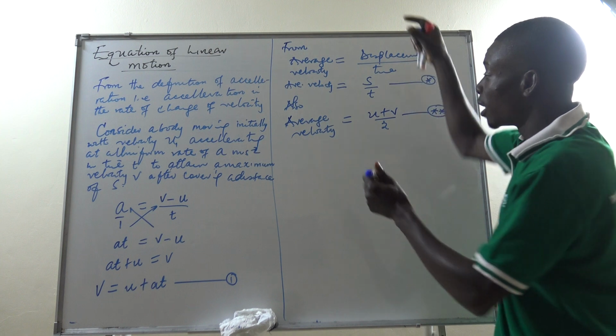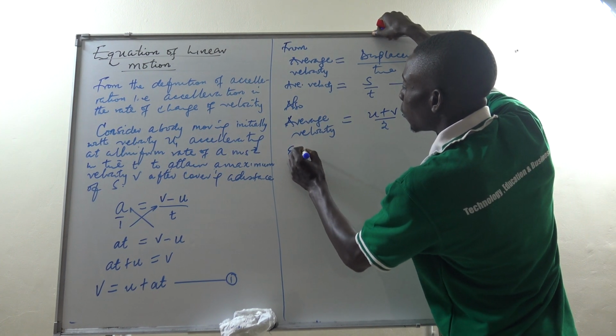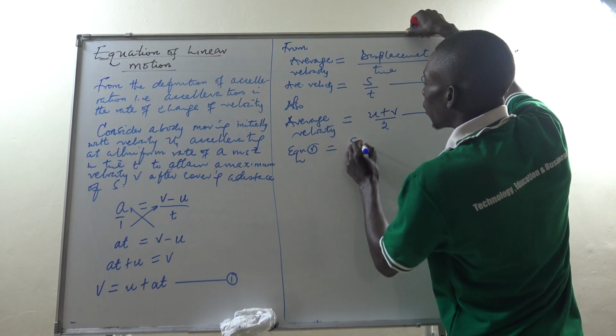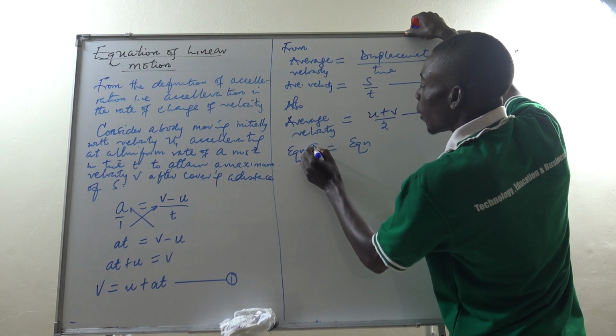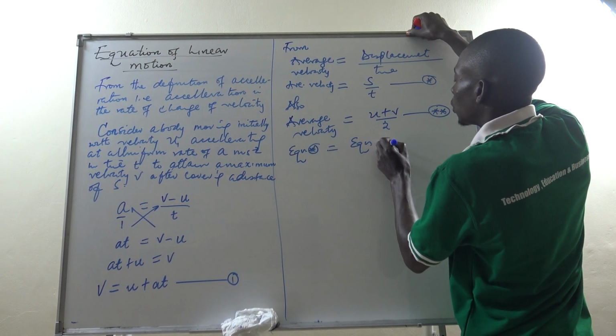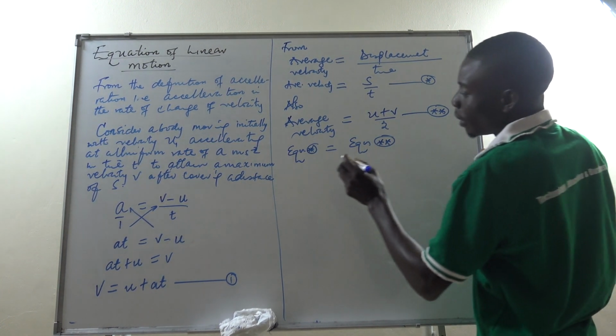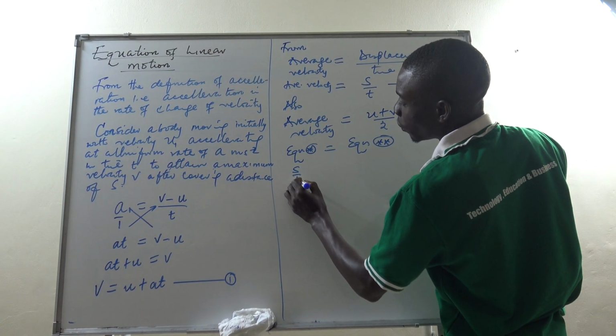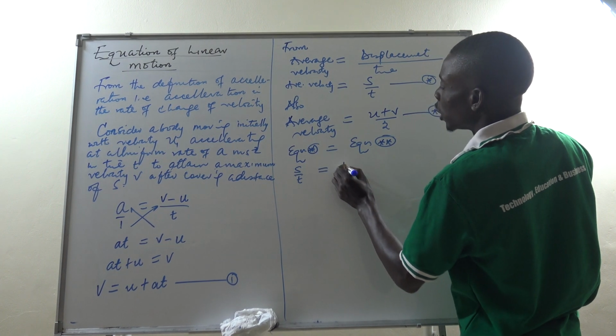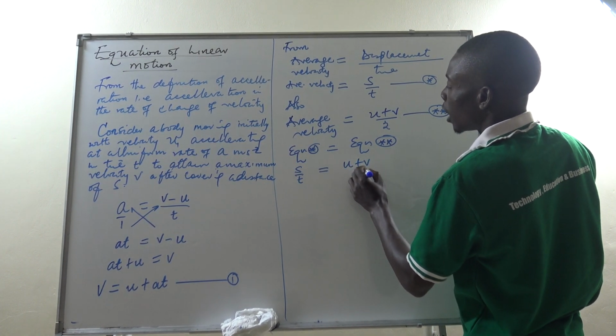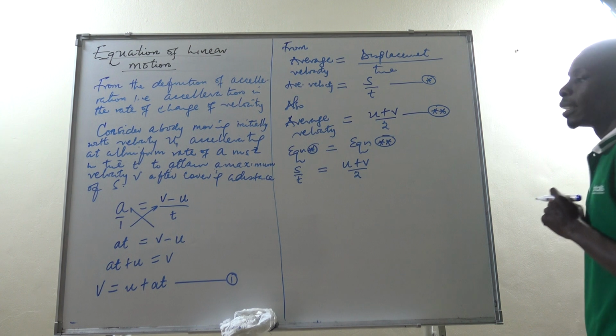Average velocity equals this, and at the same time average velocity equals that. What does that mean? It means equation star 1 equals equation star 2, so s over t equals u plus v over 2.